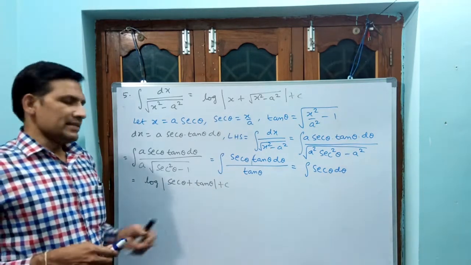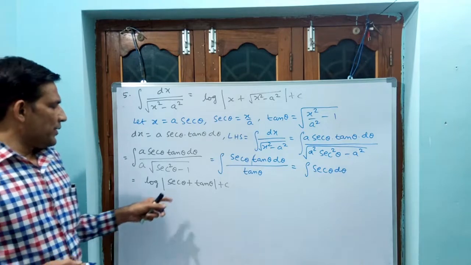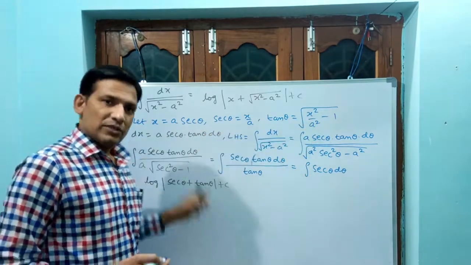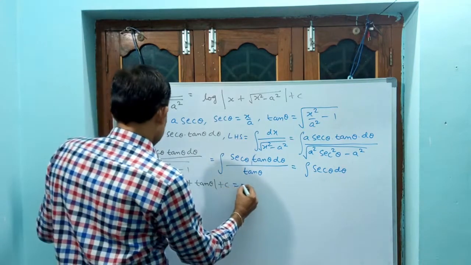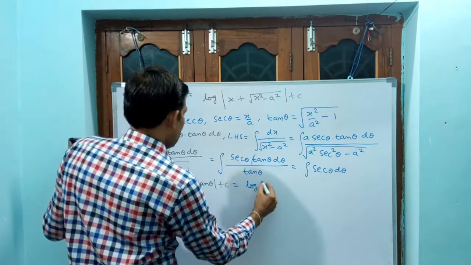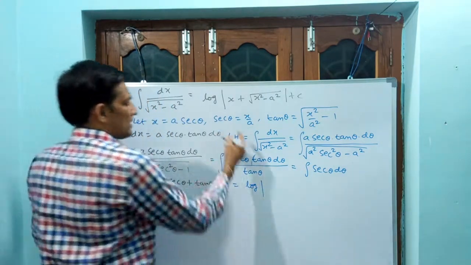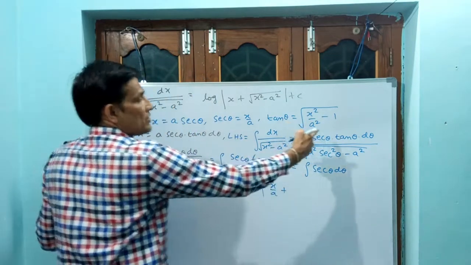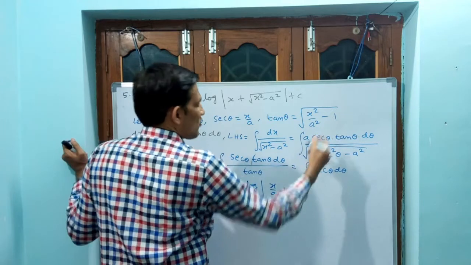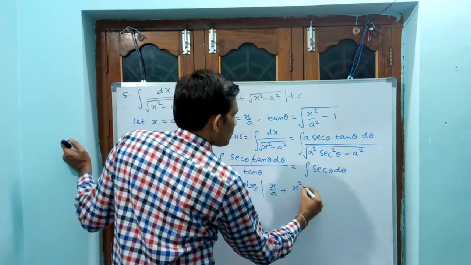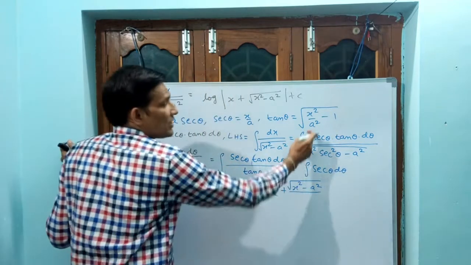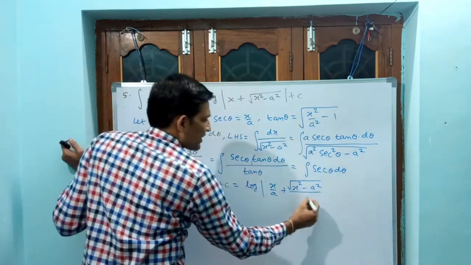Okay? Like this. Okay. Now you see, you know secant theta is x by a and tan theta is equal to this one. Then you substitute those. Log of x by a plus, see what I am writing, square root of x square minus a square by a square, that is square root of x square minus a square divided by a.